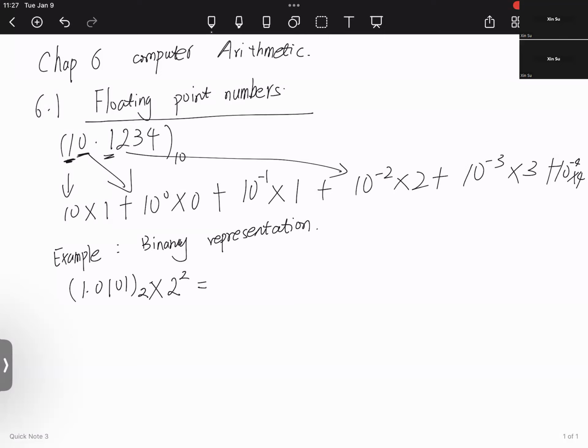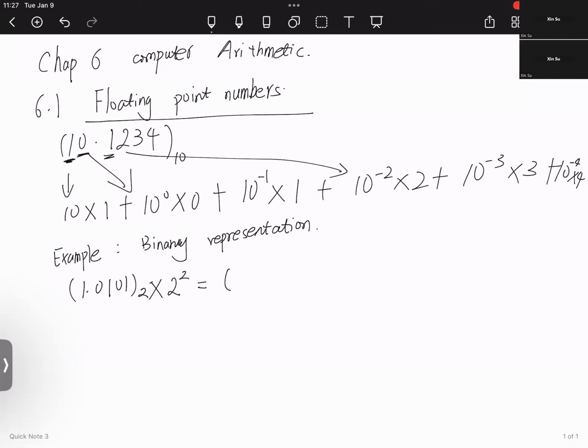What do we have here? If you look here, we change the base. This is base 10, so we have 10 to the power of 1, 10 to the power of 0, 10 to the power of negative 1. We do the same thing here, but we change the base to 2.